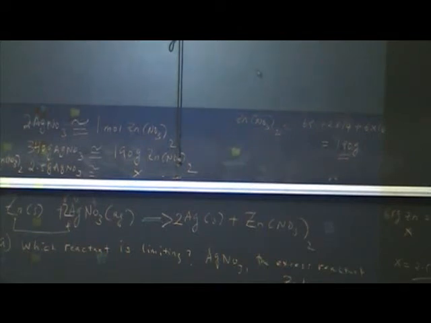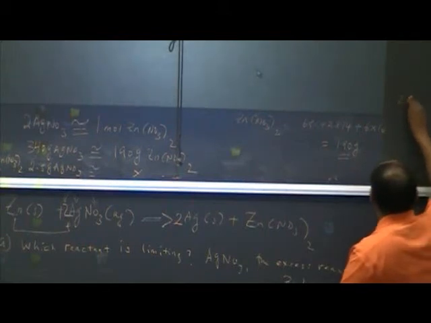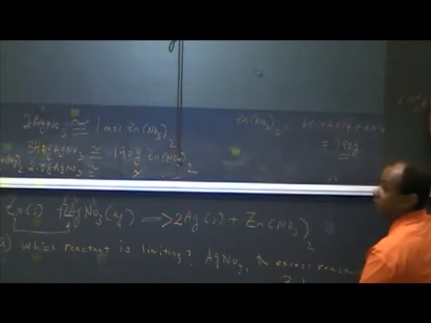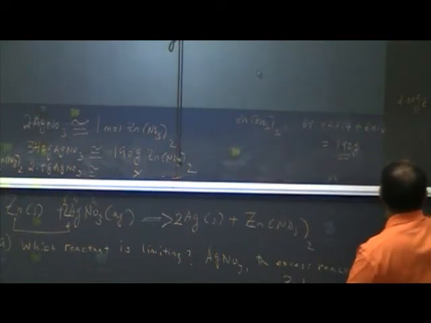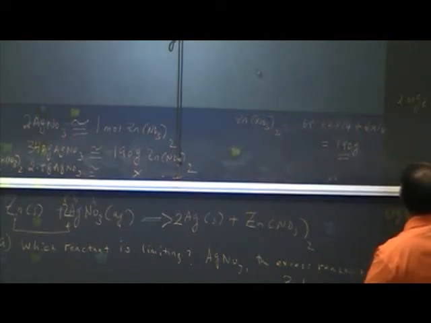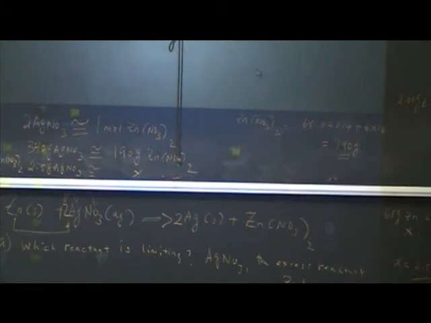We subtract 0.48 from 2 grams. 2 grams of zinc was the starting amount, but the amount of zinc needed was 0.48 grams. So if I subtract 0.48 grams of zinc from 2 grams of zinc, what do I get? 1.52 grams of zinc. This is unwanted. This is excess.